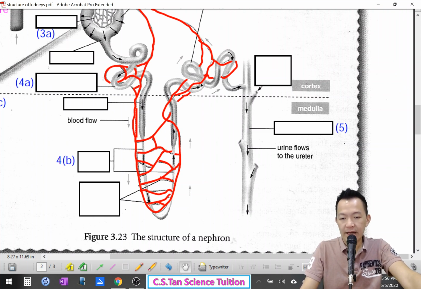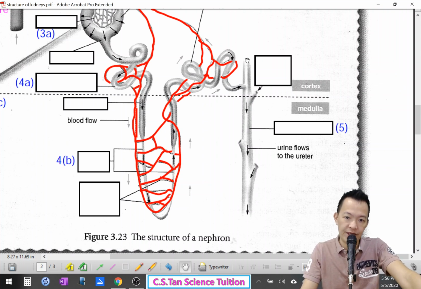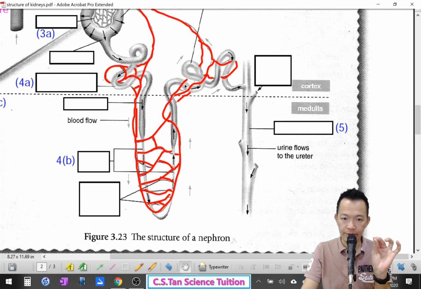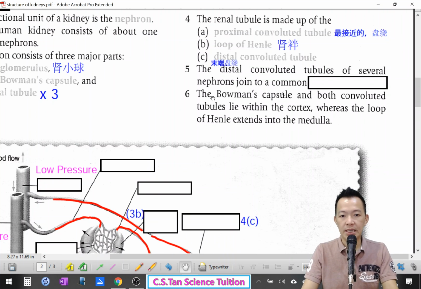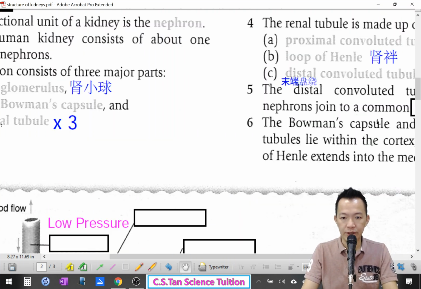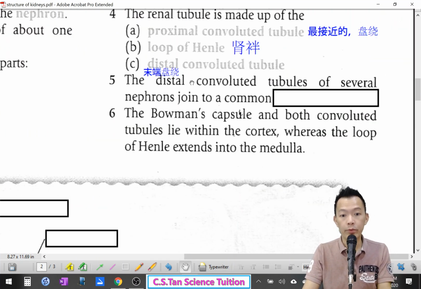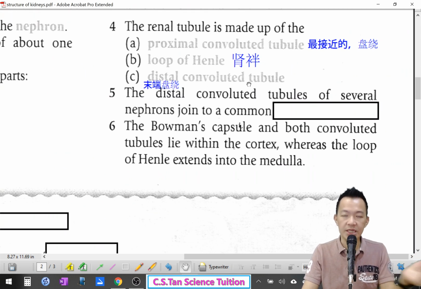And after the loop of Henle, it will go to the distal convoluted tubule. Distal means 后面的，尾端的. They're still convoluted, 它还是卷来卷去，对不对？盘绕着. So the last part becomes the distal convoluted tubule, 尾端后面的.